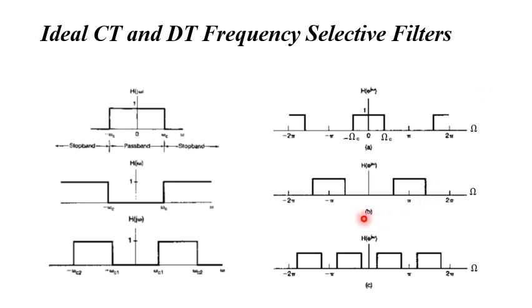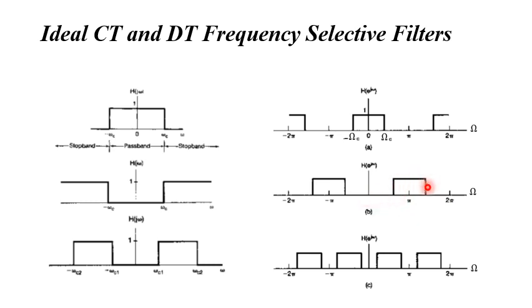A similar argument applies to the high pass filter. The frequencies start increasing and they reach the maximum level at pi. So the frequencies around pi are the highest frequencies, and as you move from pi, the frequencies start decreasing, and at 2 pi they have the same frequency as at 0.